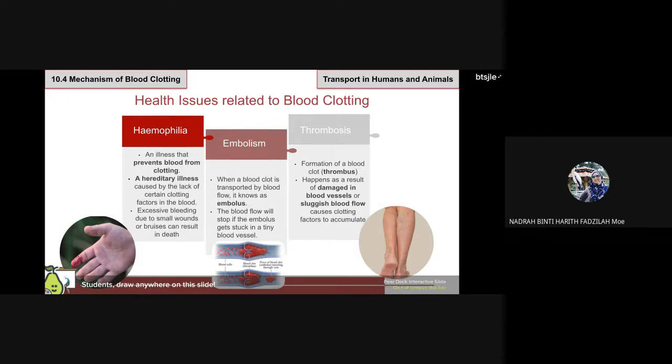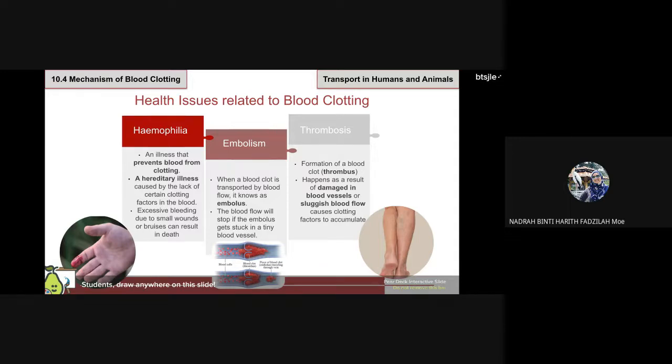So it can happen due to internal damage, iaitu ada blood vessel yang kita tak ada luka tapi internal damage of the blood vessel tu kita tak nampak tapi ada damage kat situ lah, menyebabkan it will prompt the formation of blood clot juga.